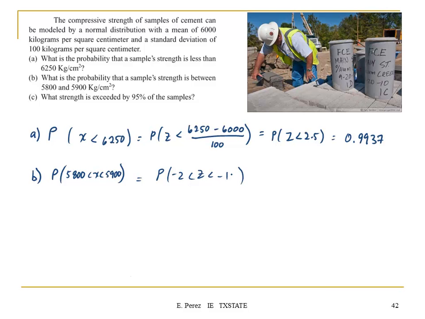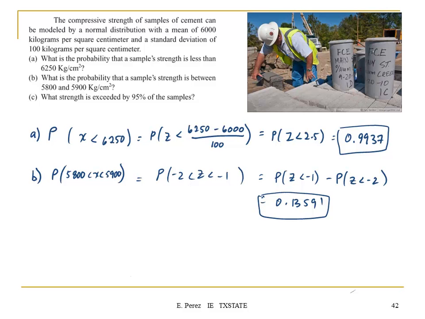And if you solve this, this is the probability of Z being less than -1 minus the probability of Z being less than -2. And this equals 0.13591. Questions?